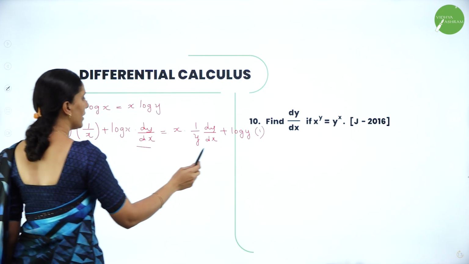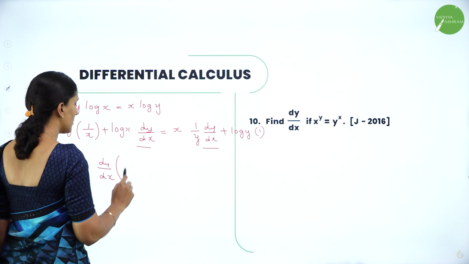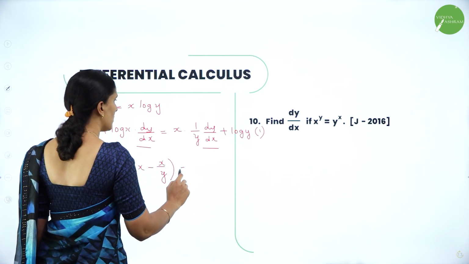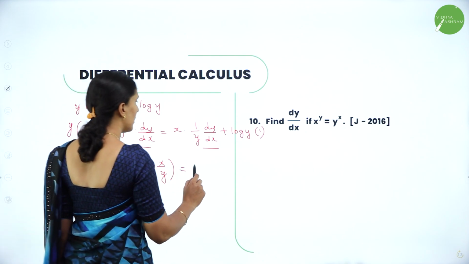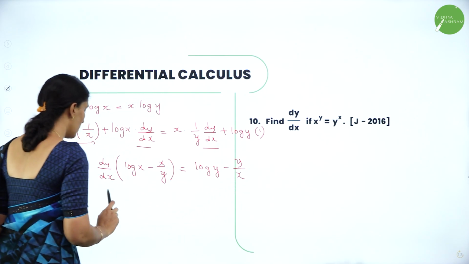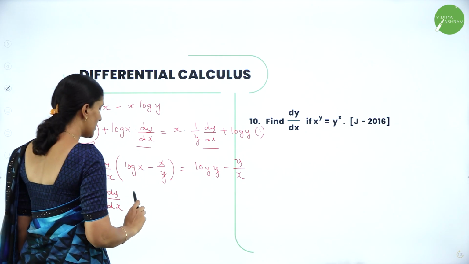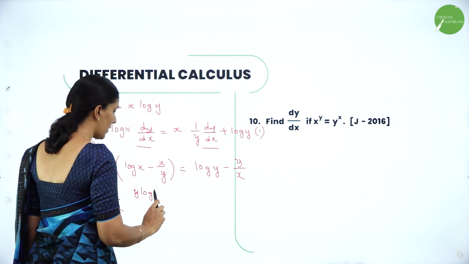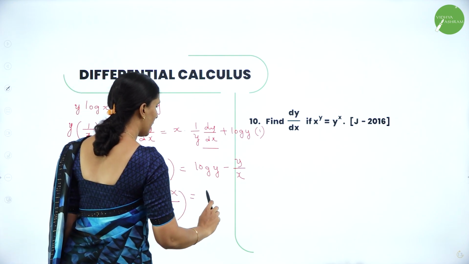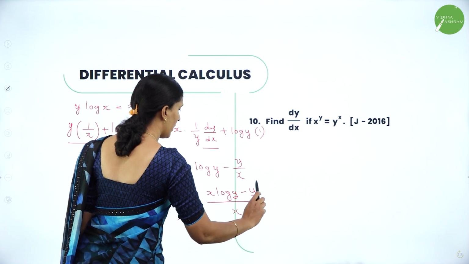Now let us take dy by dx as common factor. So dy by dx is log x minus x by y we will get. So I'll shift this, then here we have log y minus y by x. So we get dy by dx is equal to y log x minus x divided by y, and here we get x log y minus y divided by x.